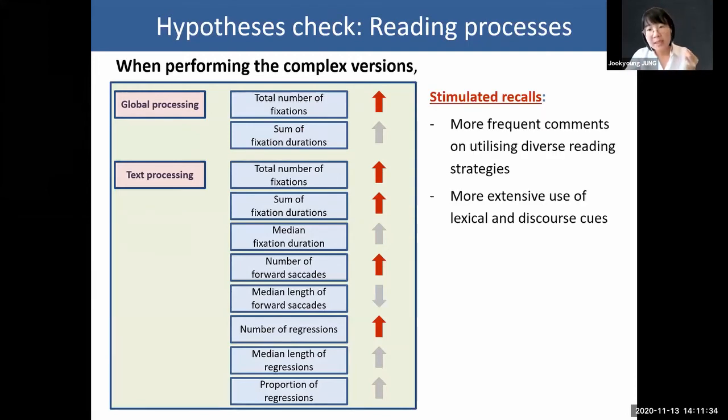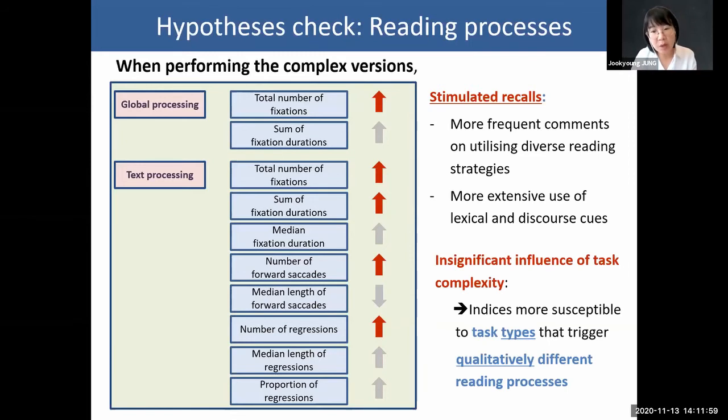And also, stimulated recall comments were overall in line with the eye movement findings. That is, we could see more frequent comments on utilizing diverse reading strategies and more extensive use of lexical and discourse cues. And more importantly, they made more comments on the target unaccusative verbs.